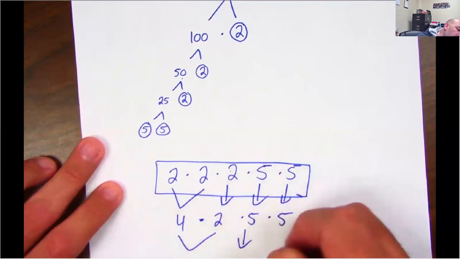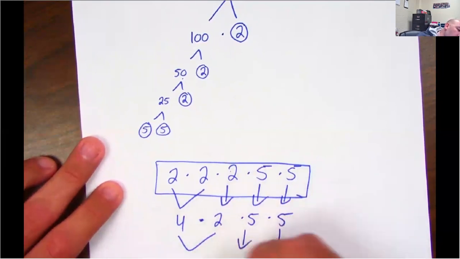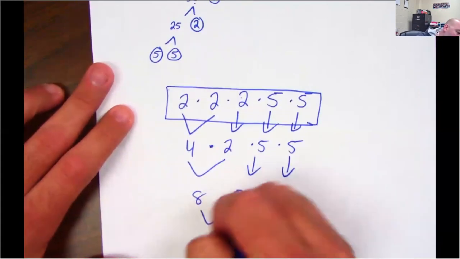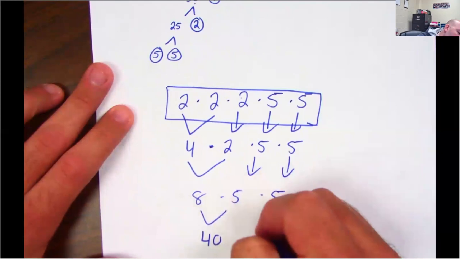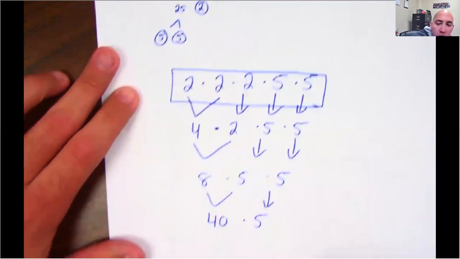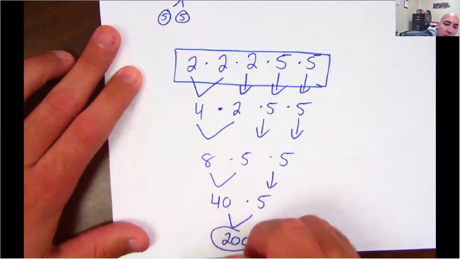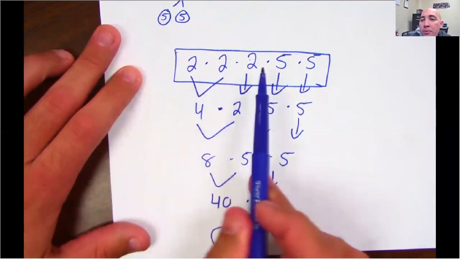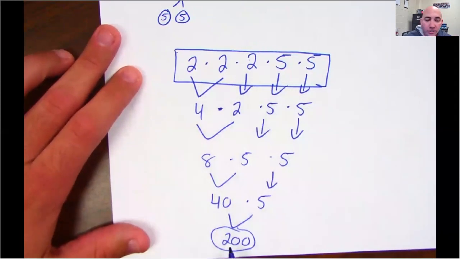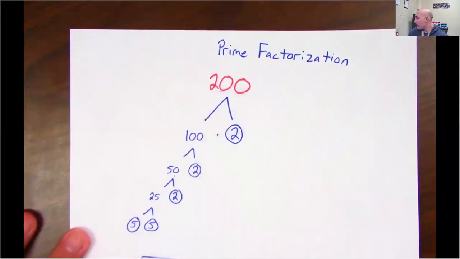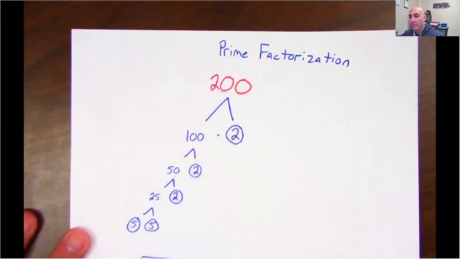Again, I'm bringing everything else down. 8 times 5 is 40. 40 times 5 is 200. Look at that. When I multiplied all my prime numbers, I got 200, which is what we started with. Woo! Did I just blow y'all's mind?